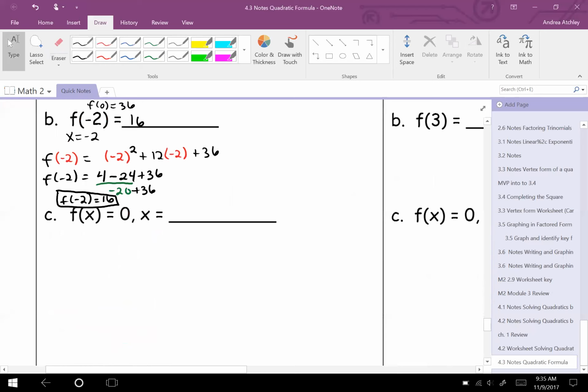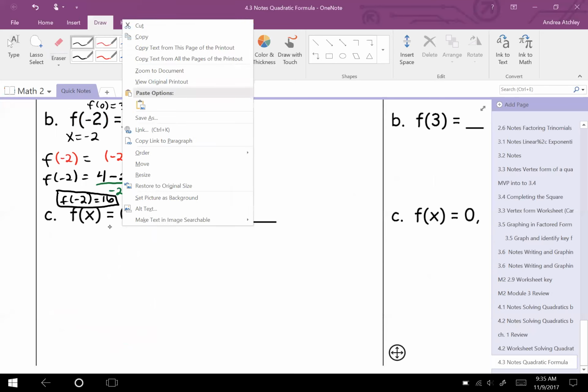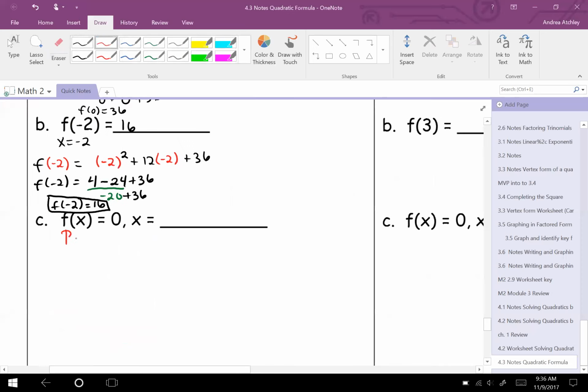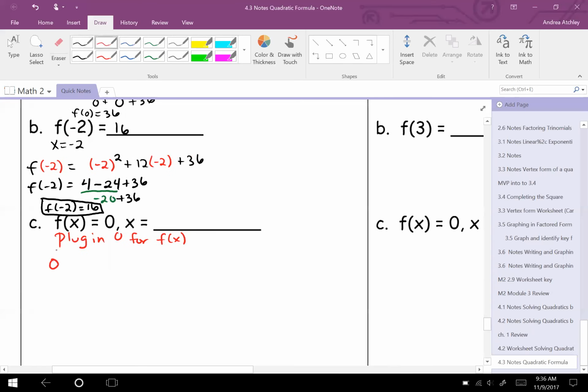Okay, in C it says f of x equals 0. So now we're not given an x value, we're given the f of x value. So plug in 0 for f of x, and then find x. So this is when we have to use the quadratic formula.